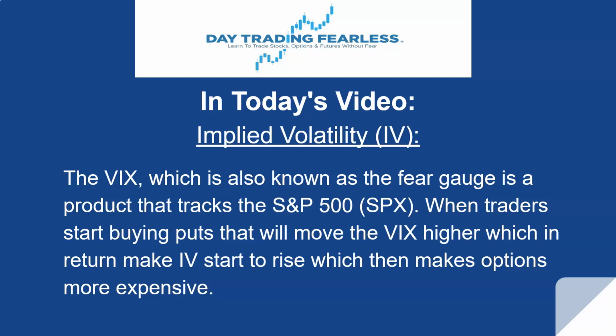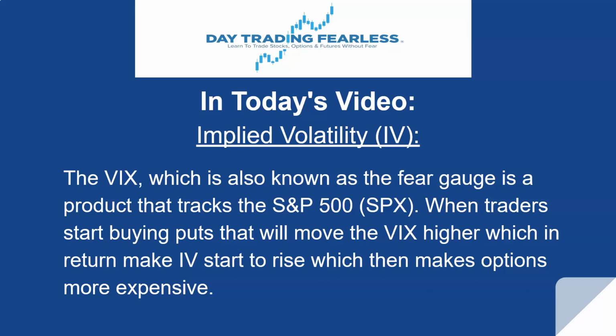But the way the VIX really works and the way you look at the VIX is it is a fear gauge. And when the big boys start buying puts in the VIX, then usually the VIX will start to rise. When they start to close those positions and buy calls, or don't do anything and just close positions, then the VIX will start to go lower.